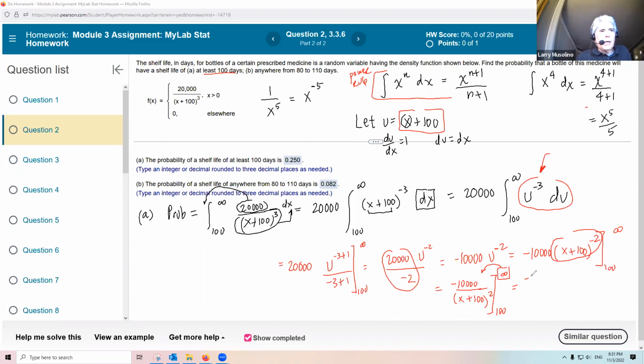So I'm going to type in -10,000 over infinity plus 100 squared, but of course that's just infinity. And then you subtract when you plug in the lower bound: -10,000 over (100 plus 100) squared.